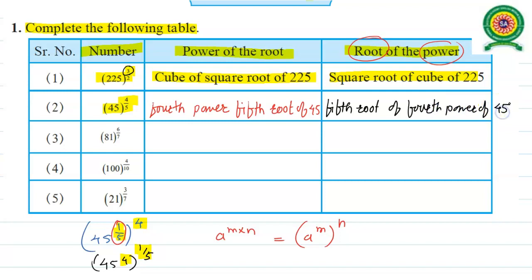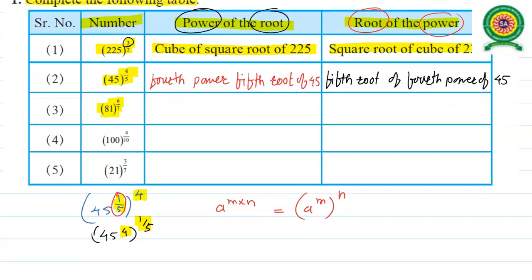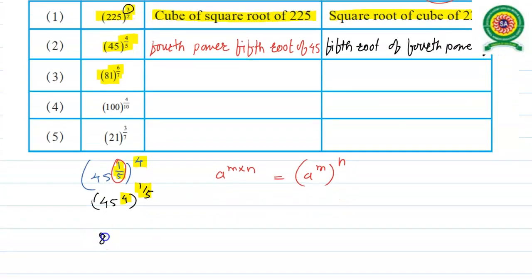The next number we have is 81 to the power 6 by 7. Firstly we write it in terms of power and root. That means we write 81 to the power 1 by 7 and whole to the power 6. Since 6 is an integer, it becomes the sixth power.